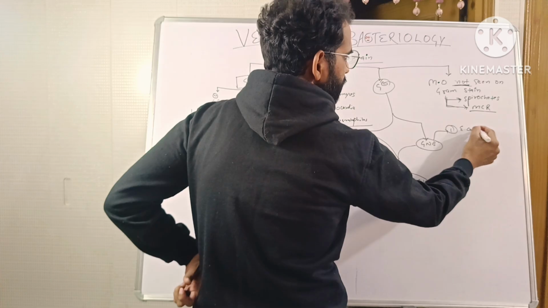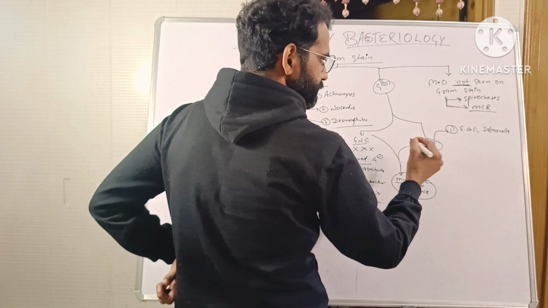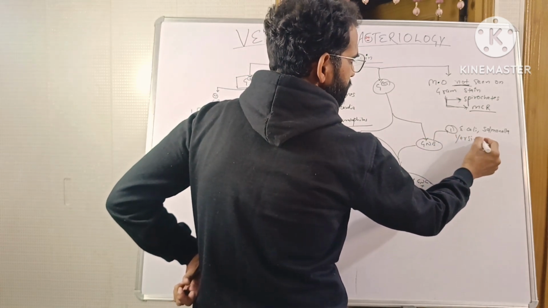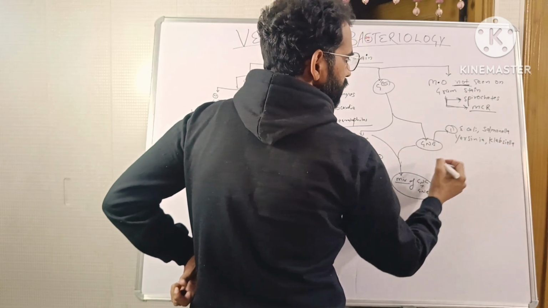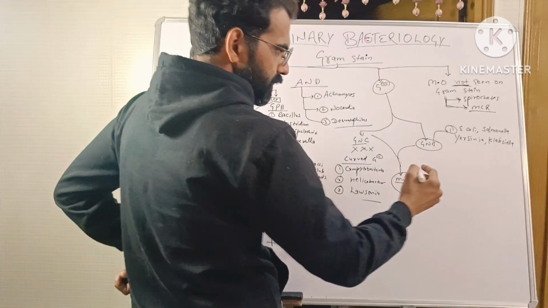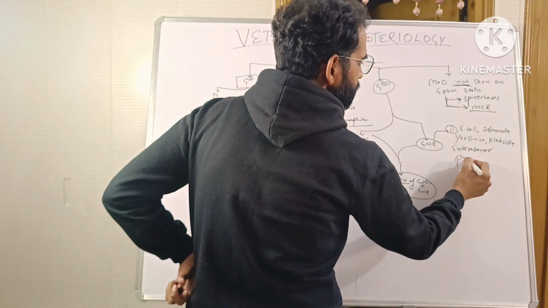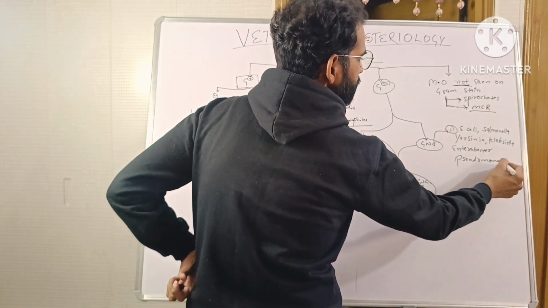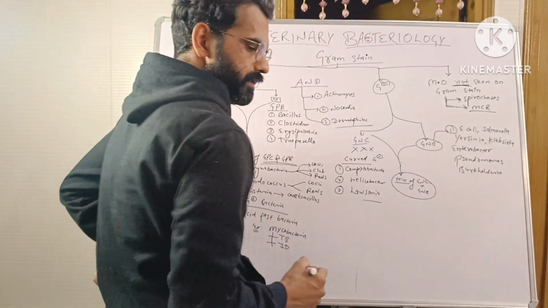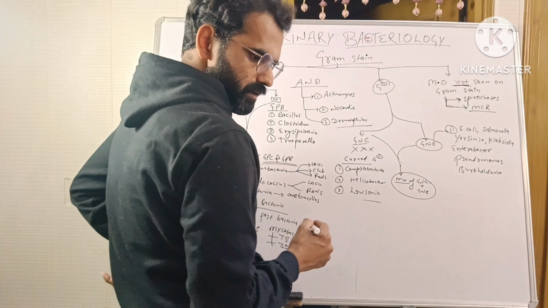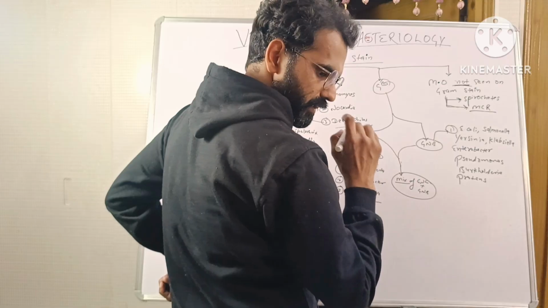In the gram negative rods group, there are examples: E. coli, Salmonella, Yersinia, Klebsiella, Enterobacter, Pseudomonas, Vibrio cholerae, Proteus, and the last one.